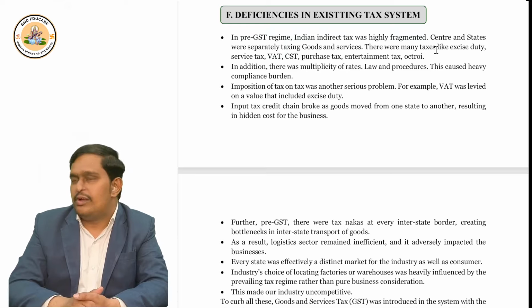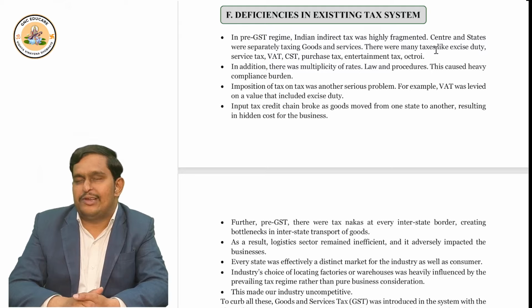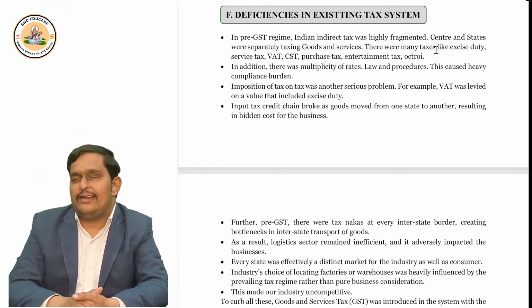The answer is no. They are not ready to set off the taxes with each other. So unnecessarily you are paying 25 rupees tax. Right? 10 rupees excise duty, 15 rupees VAT.